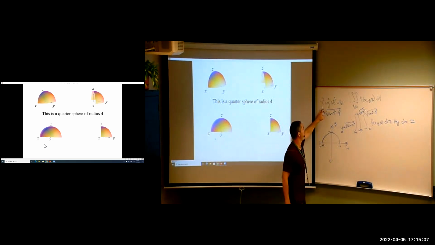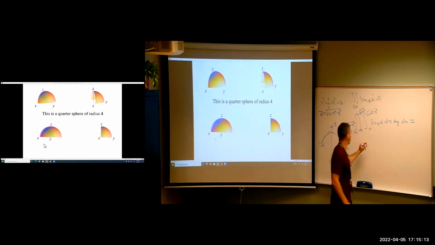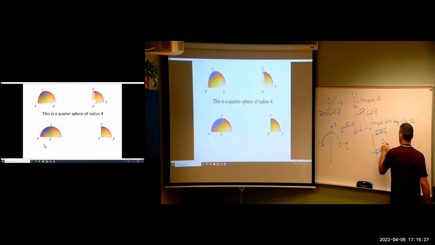So now instead of solving the sphere for z, I'm going to solve it for x, from negative square root of 16 minus z squared minus y squared to positive square root of 16 minus z squared minus y squared. Got our function in here. And now we're doing x first.